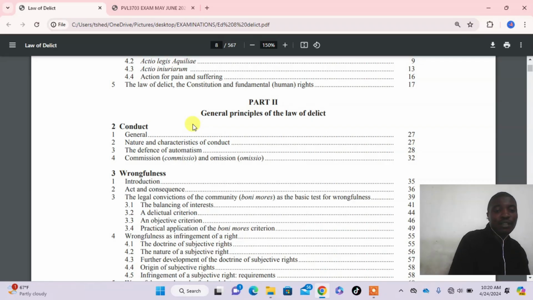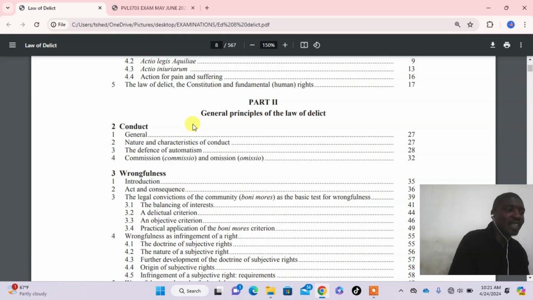When you claim for delictual damage, they check the conduct. The first thing is who caused the accident. Does that person who caused the accident have the capacity? Because in the conduct they made it clear that only a natural person and a juristic person can act.